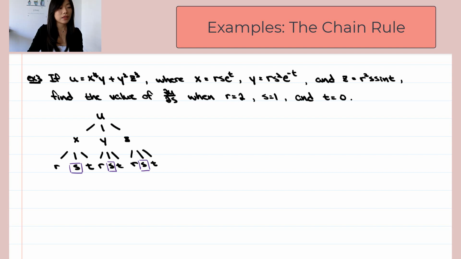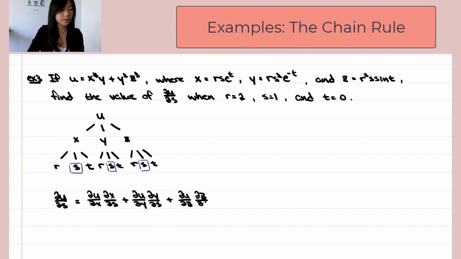So if we expand this partial derivative, we get du over dx times dx over ds, then plus, through the middle branch, du over dy times dy over ds. And finally, through the right branch, du over dz times dz over ds.